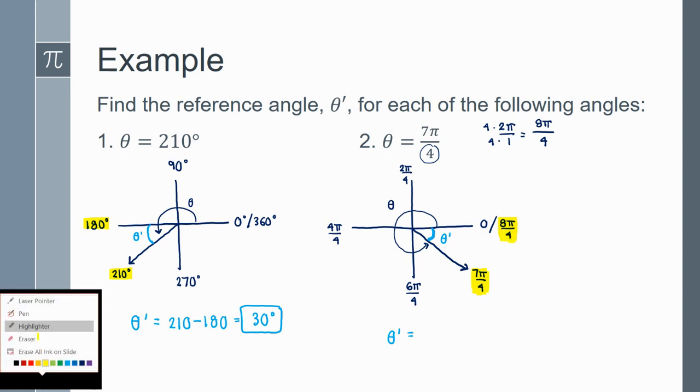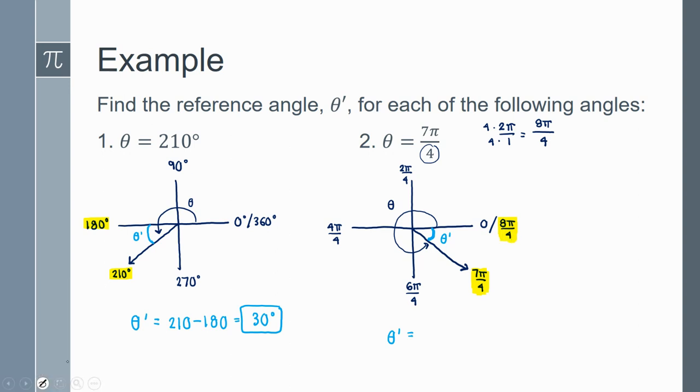So those two numbers are what I have to use in order to find the reference angle. Since 7 pi over 4 is smaller and I want a positive answer, I need to take the bigger number, subtract the smaller number. And so hopefully we notice then, same denominator, I keep the denominator, I'm just subtracting the numerators. Pi over 4 is my reference angle.